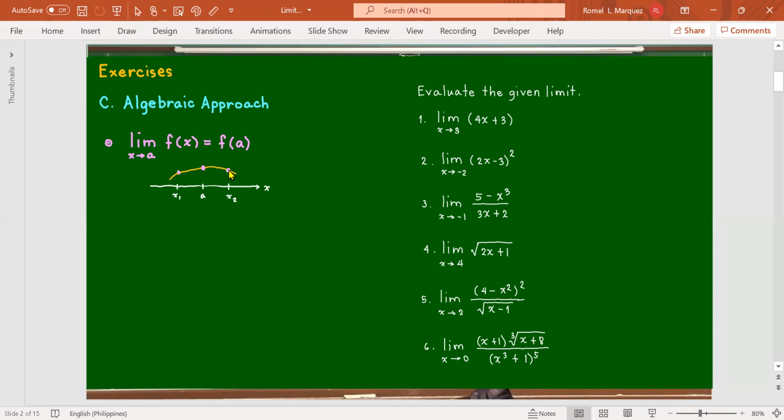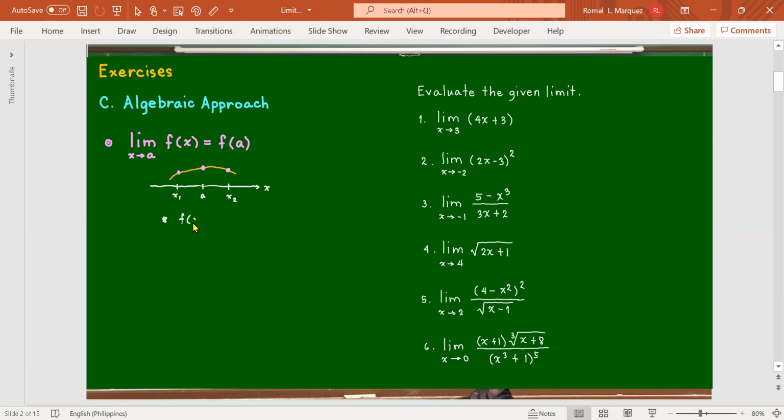I can move from x equals a to its immediate right and immediate left, meaning connected. If that is the case, the value of the limit at x equals a is simply f of a.